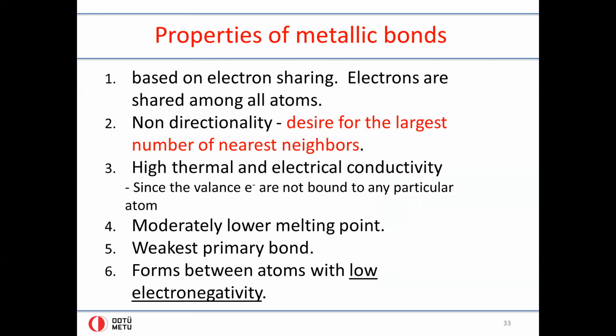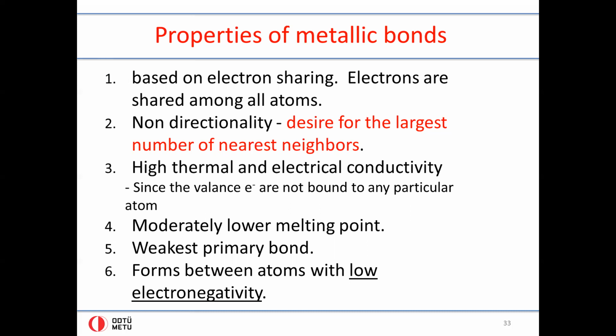There is non-directionality, so it's similar in that sense to ionically bonded materials. Hence, there is a desire for the largest number of nearest neighbors. Hence, the idea why in different metals you have a different geometry in 3 dimensions of how the ions come together.